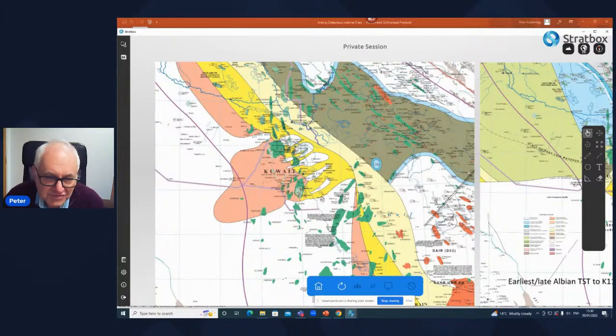To explain the symbology on the maps, the browny orange area represents marginal marine to continental clastics. The bright yellow represents shallow marine clastic systems, the pale yellow represents deep marine clastics, and the dark brown here represents the deep water clastics.